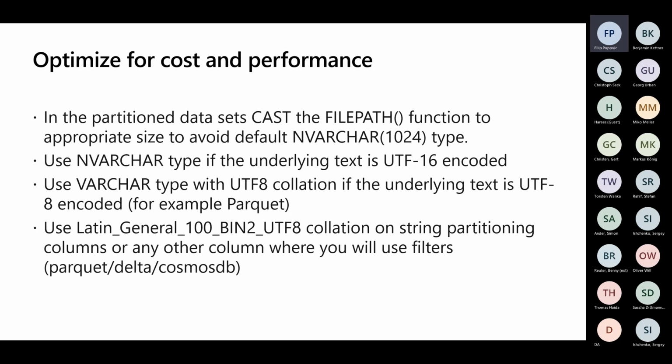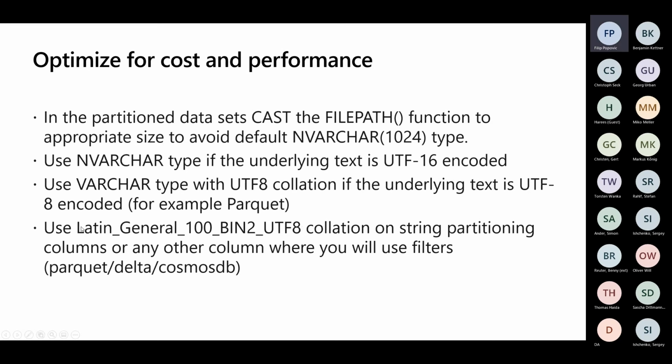When we apply row group elimination in SQL semantics, depending on a collation, you can get different results if you try to say larger than some character value or smaller, because collation decides on ordering. So the only way to use row group elimination today in serverless is to use this collation for your string columns from Parquet.